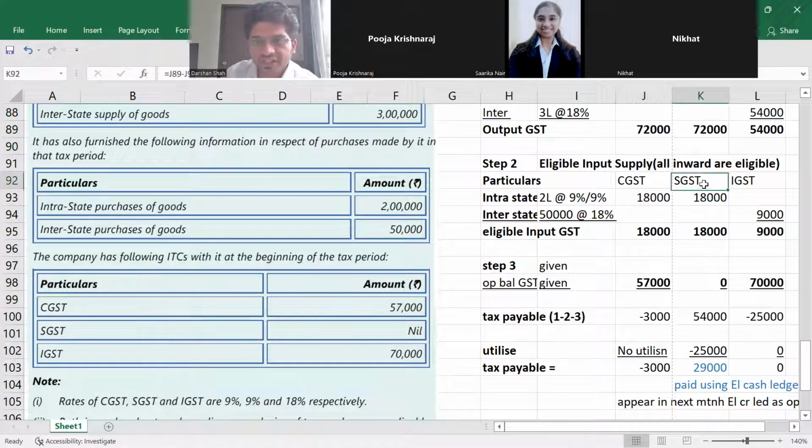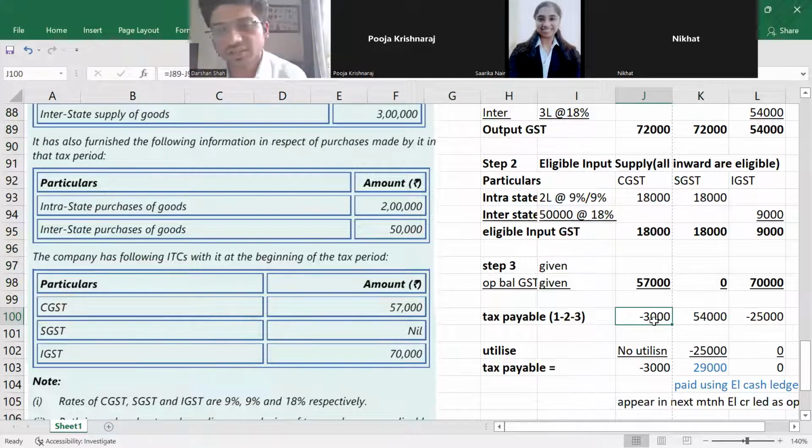So now only SGST is payable. I can utilize only IGST to pay the SGST, right? I can only utilize negative IGST to pay the SGST, and CGST cannot be used to pay off SGST.